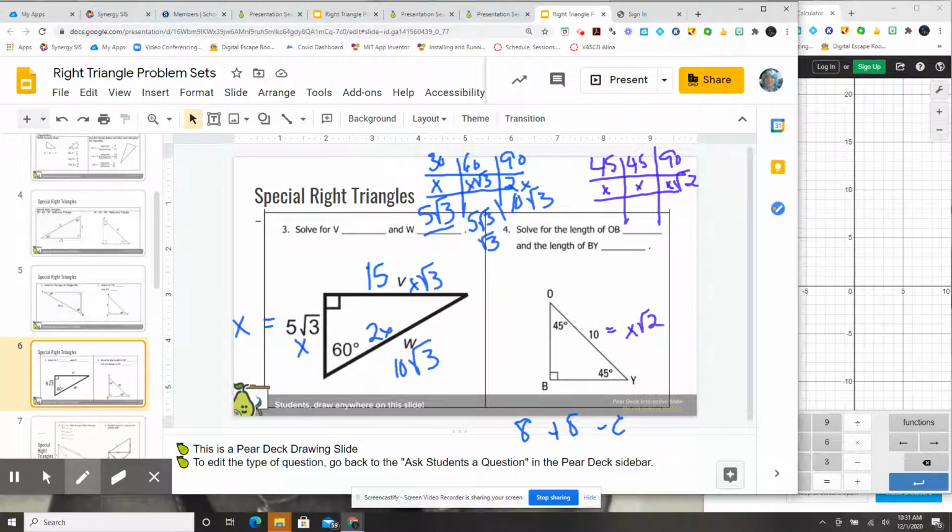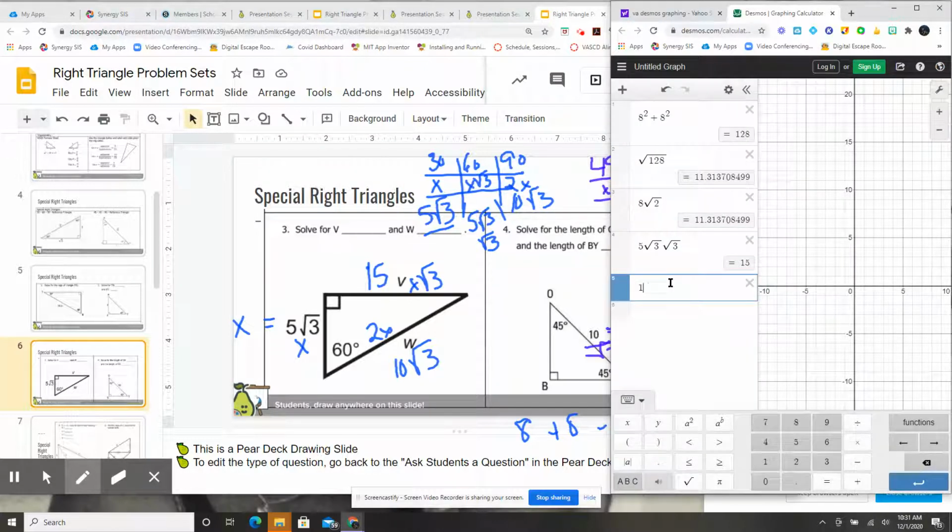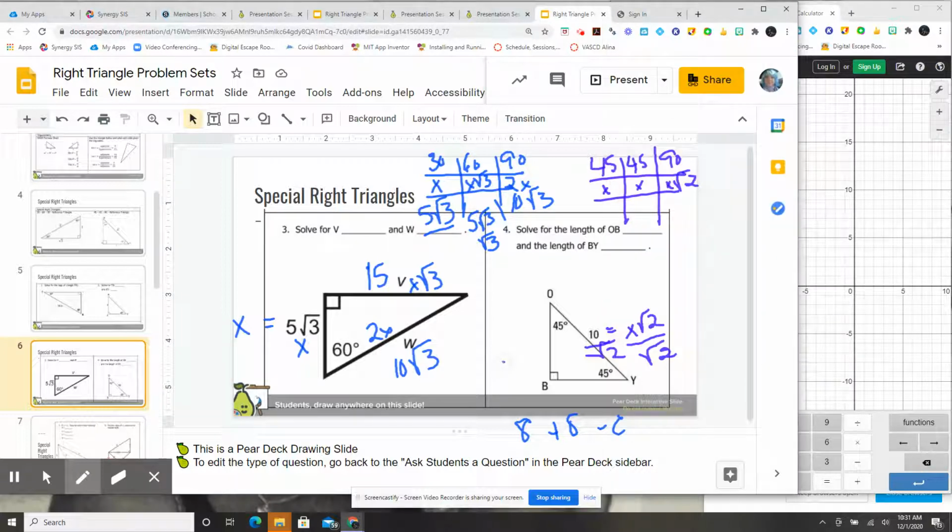I don't really like dealing with radicals, so I'm just going to divide it in my calculator and get a decimal. So x is going to equal 10 divided by the square root of 2. So 10 divided by square root of 2 is going to be 7.07.